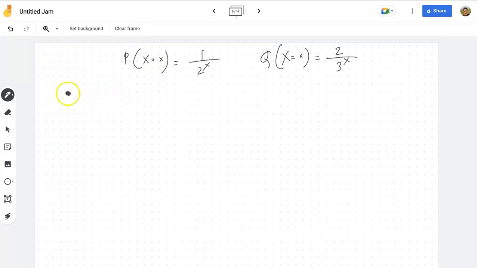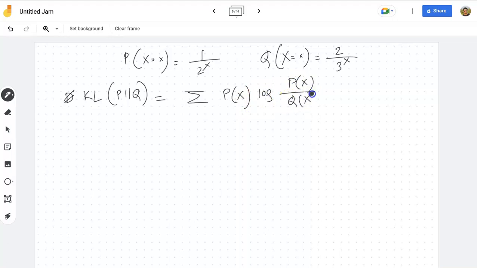So if you remember the formula correctly, what is the formula? It will be the summation of P, the probability function, times log of P(x) by Q(x).